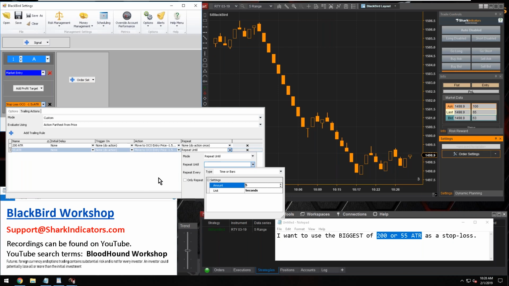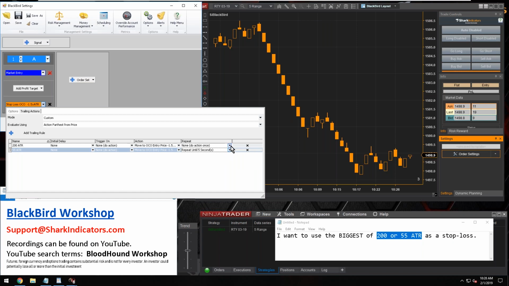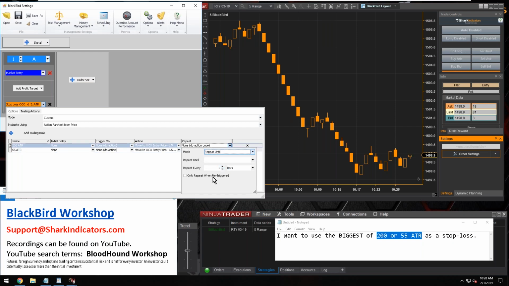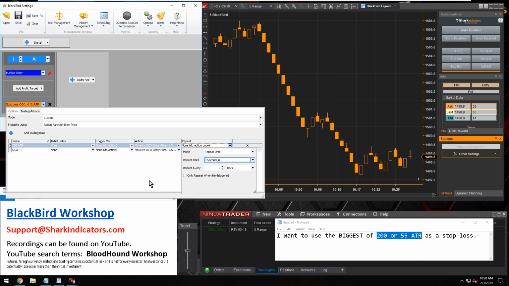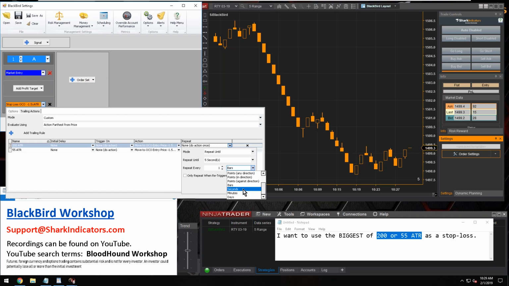So we'll set something like that. Basically, what we're saying is each of these trailing rolls can repeat until X number of seconds are up. Once X number of seconds are up, this rule can't repeat anymore.